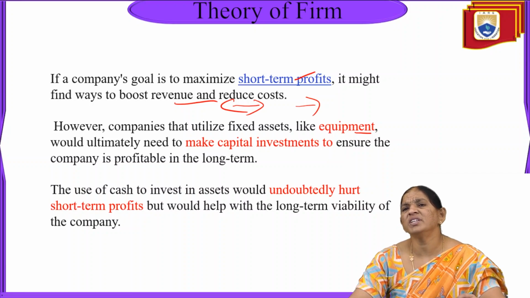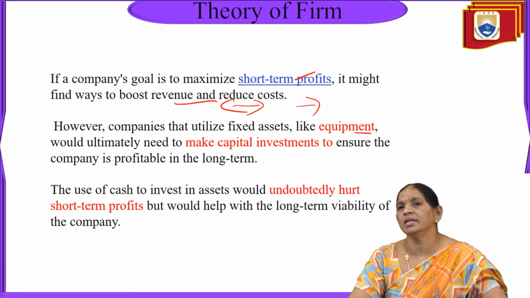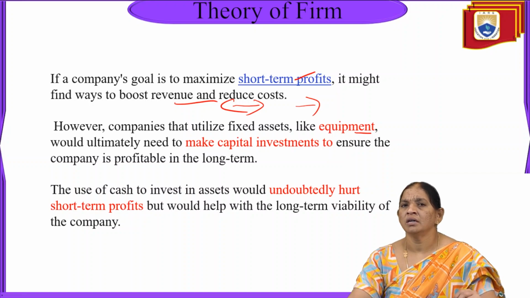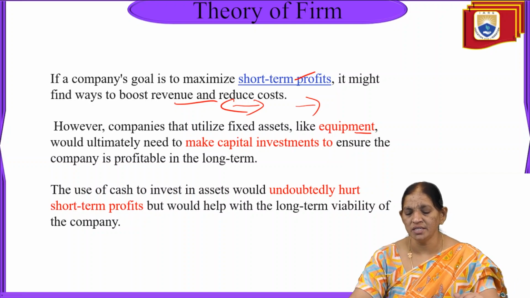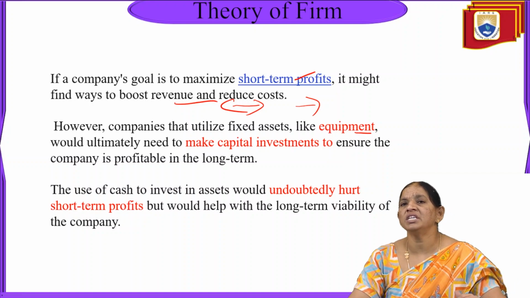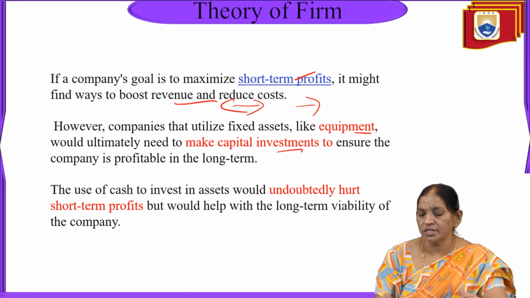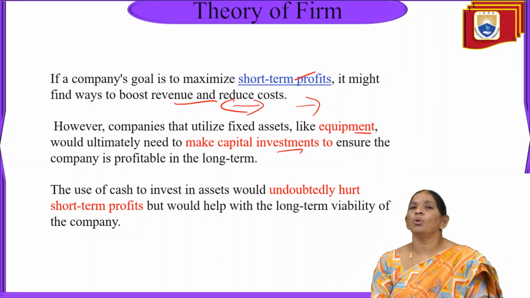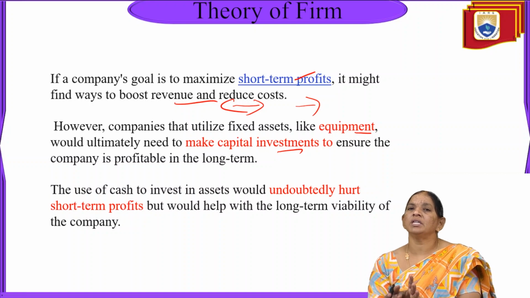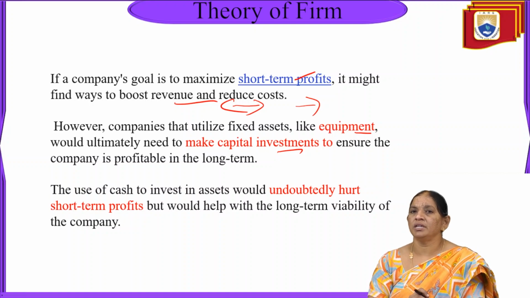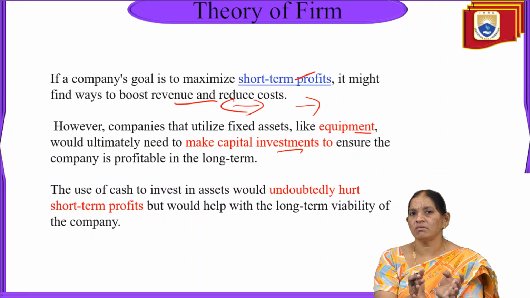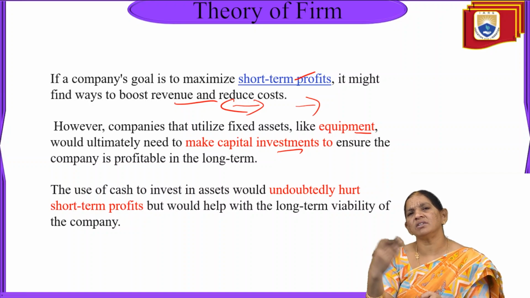Means the fixed cost we keep in the organization by utilizing fixed assets, equipment, land, buildings and other fixed assets. These relate to fixed capital investment. Once that investment is made, in the long term I can generate the income.